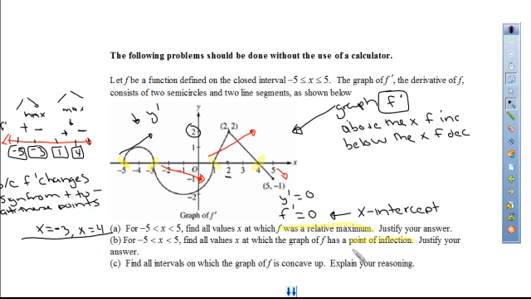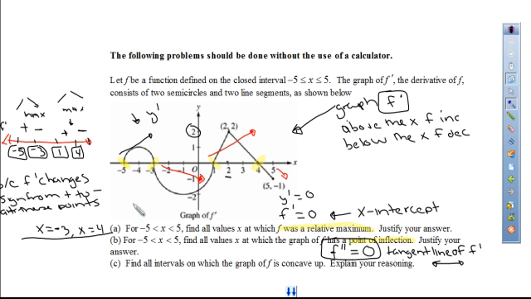Remember, a point of inflection occurs when the second derivative is equal to 0. So I am looking to see where the tangent line of the first derivative is horizontal.